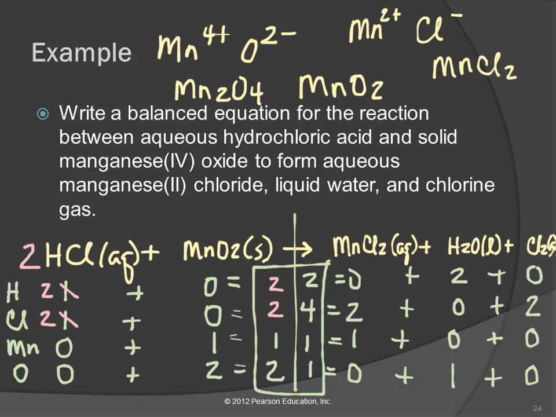So that's good. Now I can go look at the chlorine. And the chlorine's messed up, isn't it? I've got 2 on the left and 4 on the right. Okay, I can't make the right side less, so I have to make the left side more. Well, the only thing I can do is to change the thing that I just changed, right?